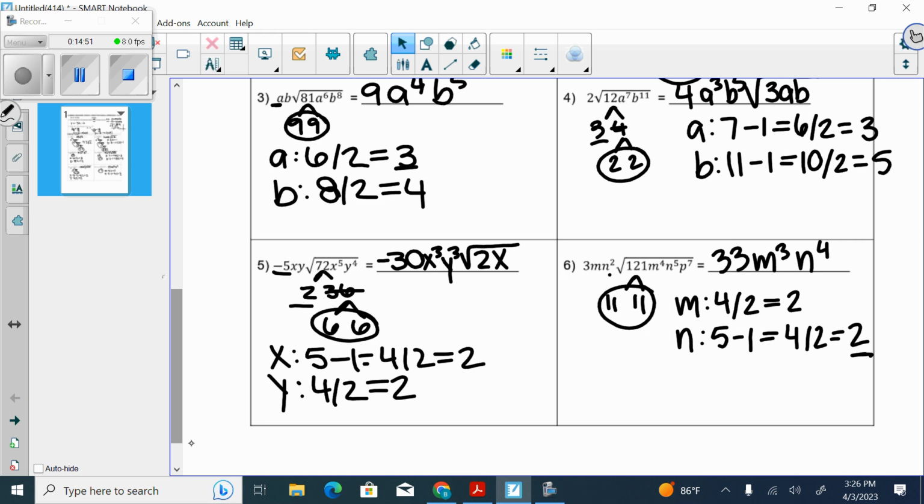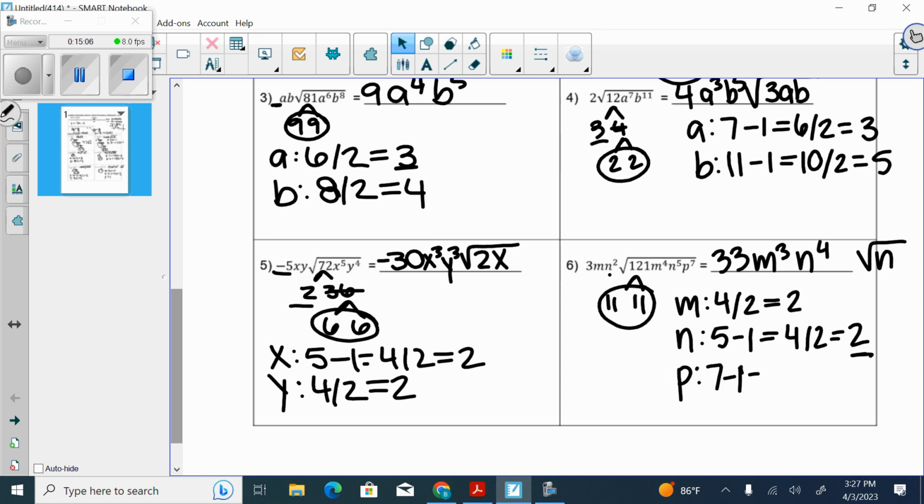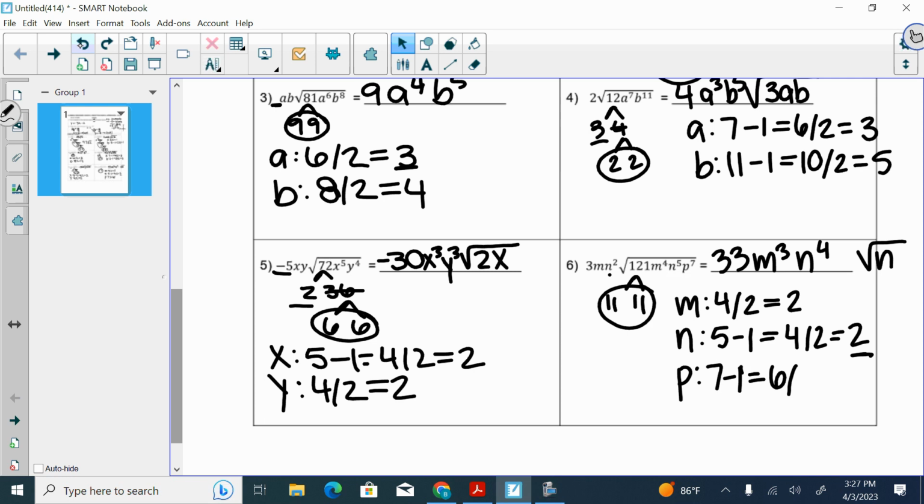Yeah, because it was odd, right? So we have 1 n inside of here. All right, and then the last letter we have to deal with is p. That one's 7. Good. So what are we gonna get? 3.